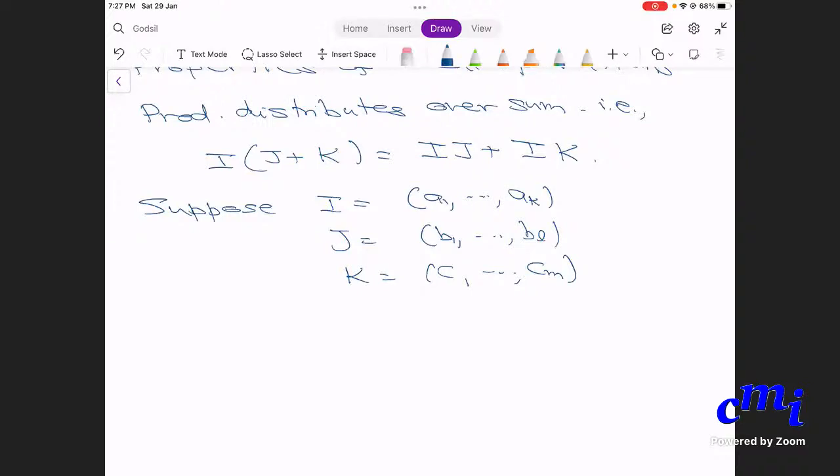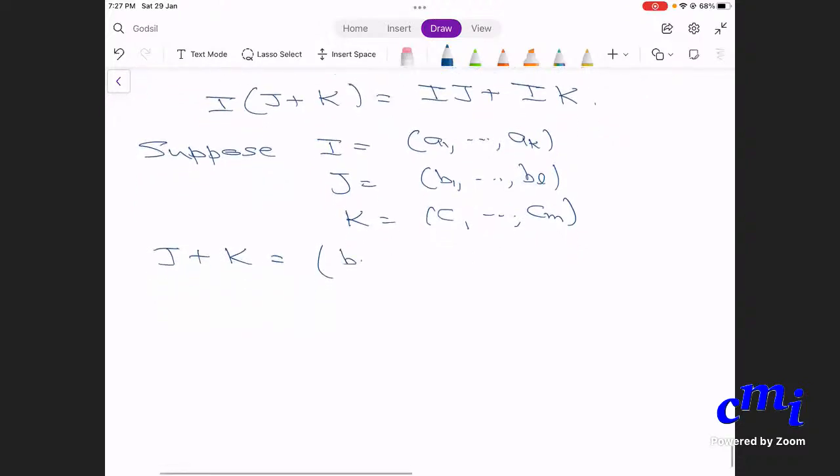So what is J plus K? I already told you that J plus K is generated by the generators for J and K put together. So it's generated by b1 up to bl and c1 up to cm. That is what is J plus K. Now what about I times (J plus K)? Products, we know how they generate. If you have generators for I and generators of something else, the generators for the product ideal are taken by the products of every generator of I with every generator of the other one.